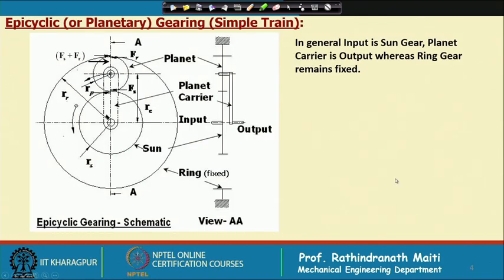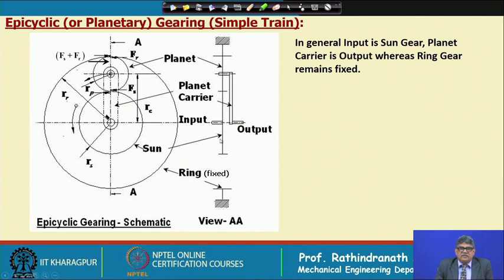Now, this is an epicyclic gear shown, this is the ring gear. We have obviously taken the internal gear, and this is the sun gear, and this is the planet gear, and this is a simple train.